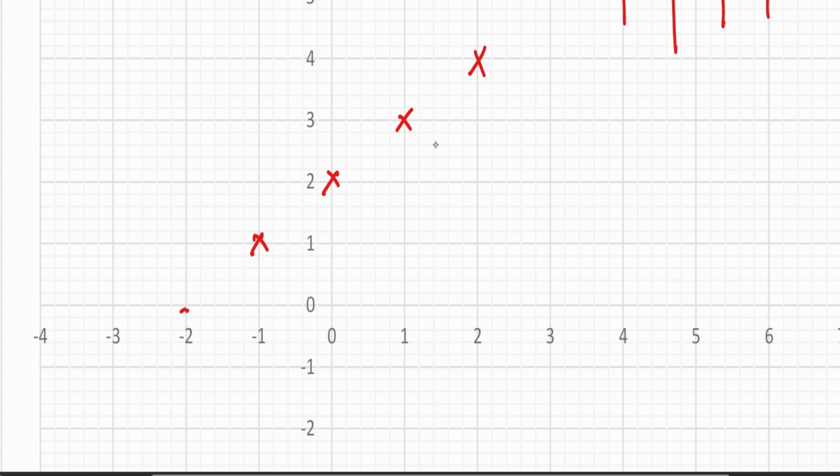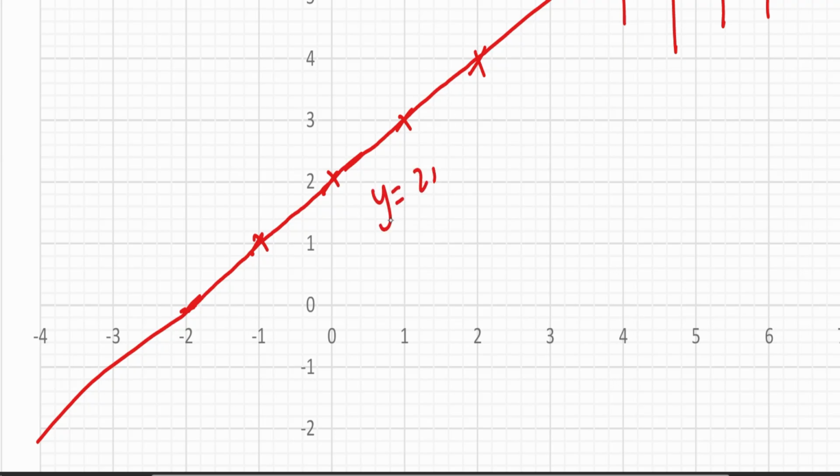So obviously, let me start here. Use a ruler. I'm just using my hand for now, but you should be using your own ruler. So something like that. So this is y equal to... no, not 2x, sorry.